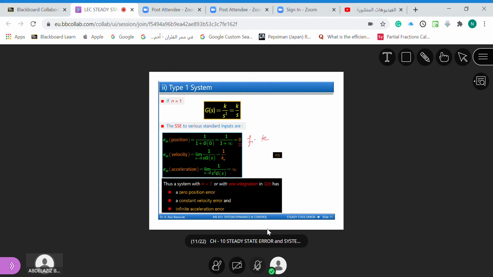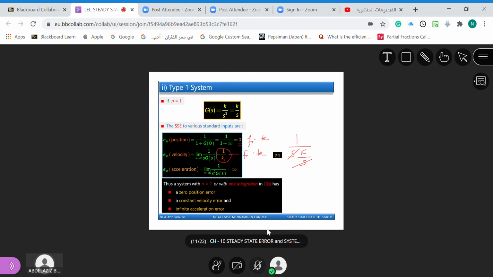For the velocity, when G of s is equal to k over s, just substitute G of s by k over s. So I will have 1 over s times k over s. Simplify, and it will be 1 over k, which we call 1 over kv. So it is finite.